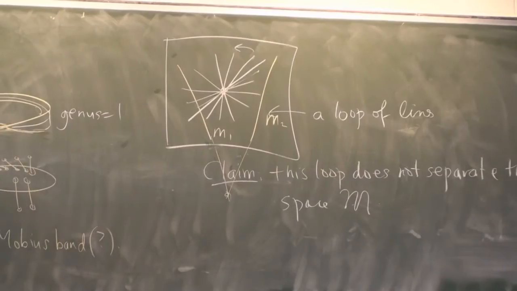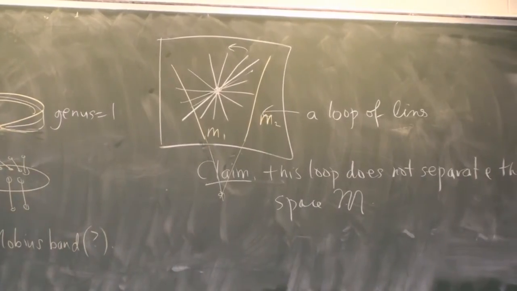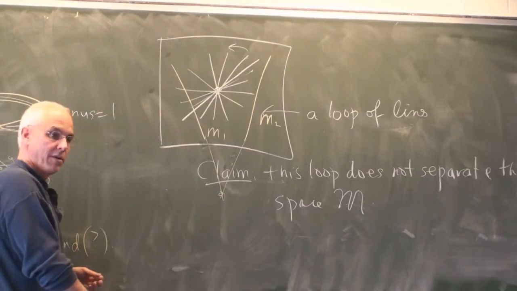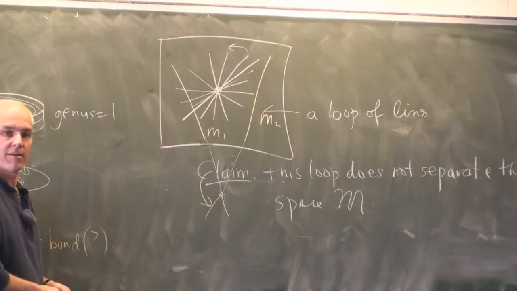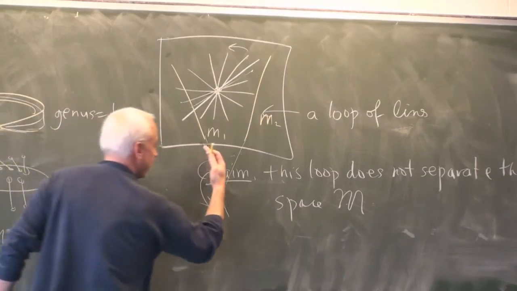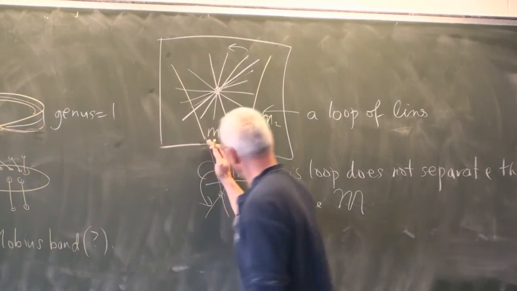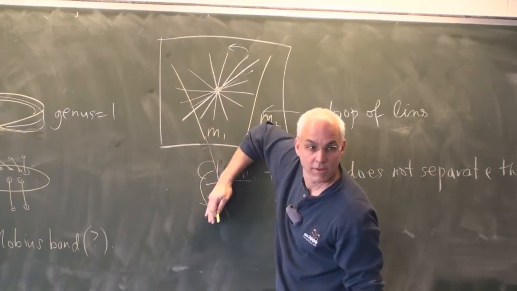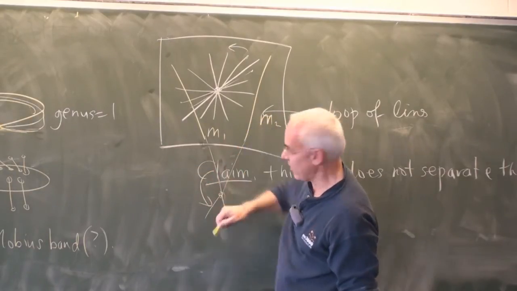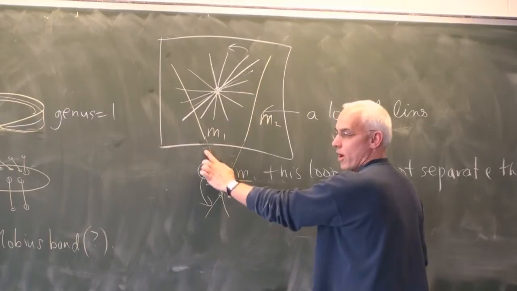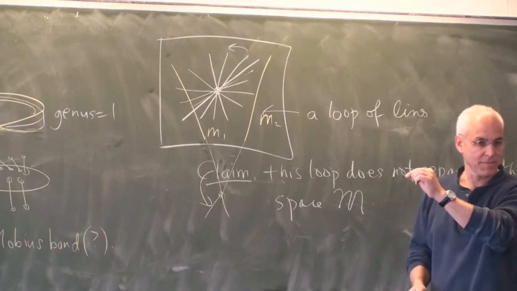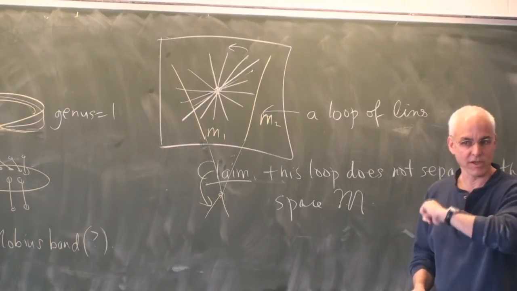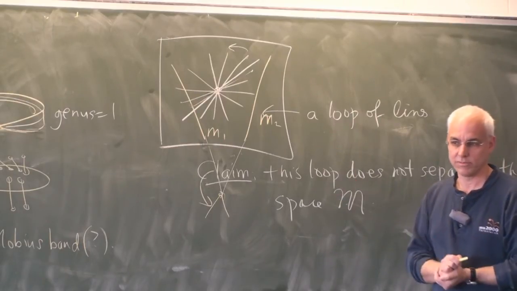But there's another way to go from M1 to M2, which is to rotate in the other direction. We can rotate this way. So we can take the line and move it continuously like this. This rotation goes from M1 to M2. It's a continuous path of lines that connects arbitrary two points and avoids the loop.